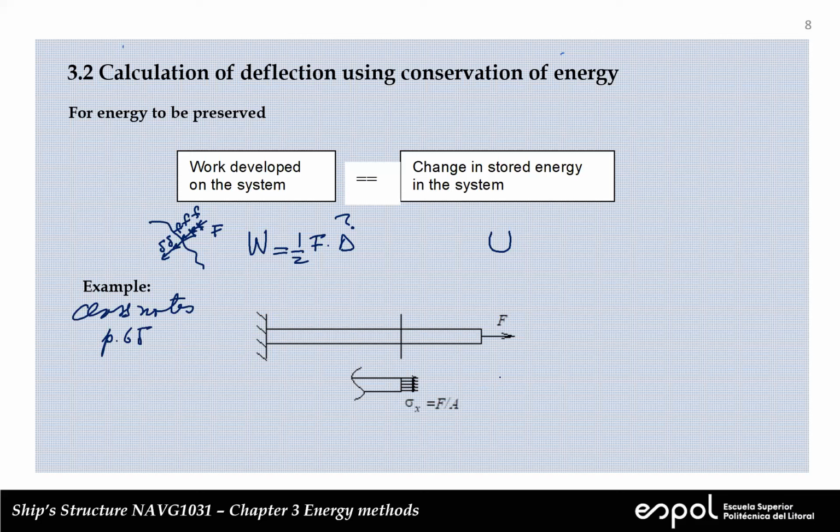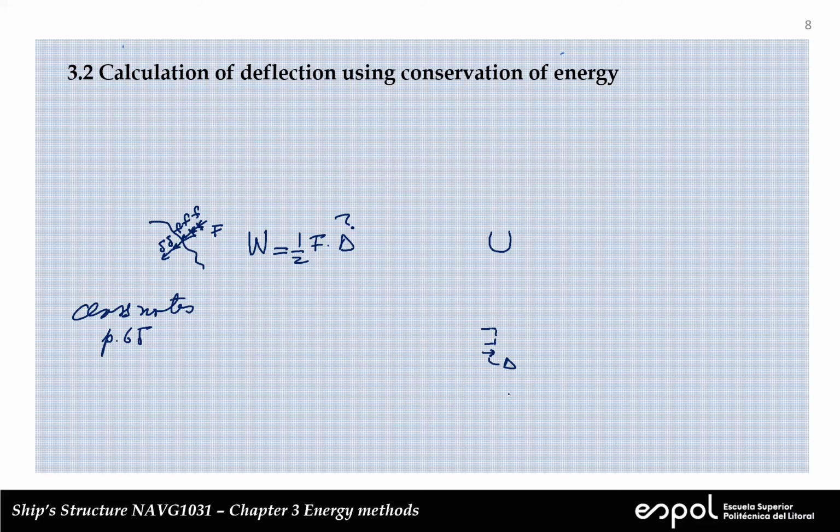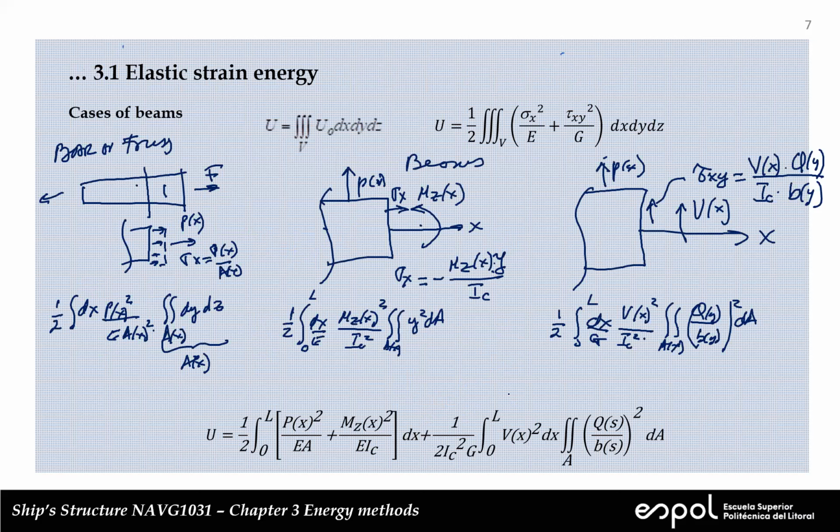So again, you apply the force. Because of the elasticity, you deform this delta. Because of this elongation, you can have U. So in this case, the U is going to be equal to 1/2 P squared over EA.